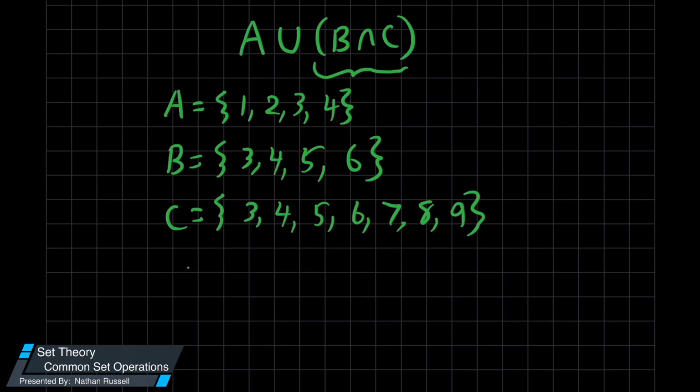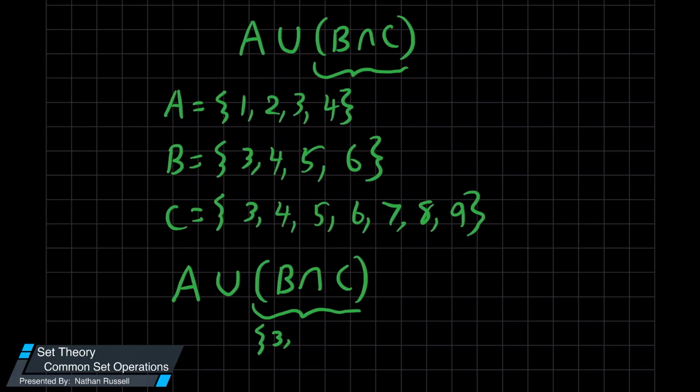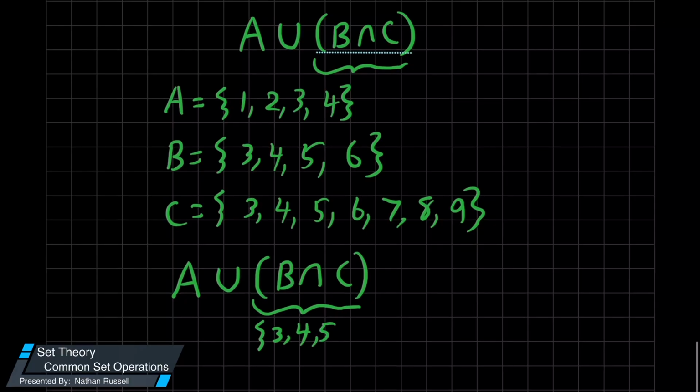Okay, when we go through this, A union the intersection of B and C: B intersect C would be the set containing the numbers 3, 4, 5, and 6. Okay?